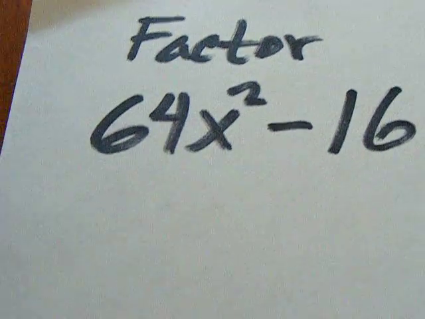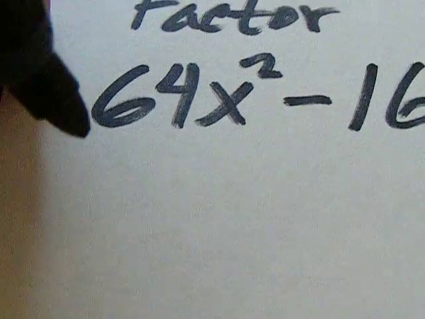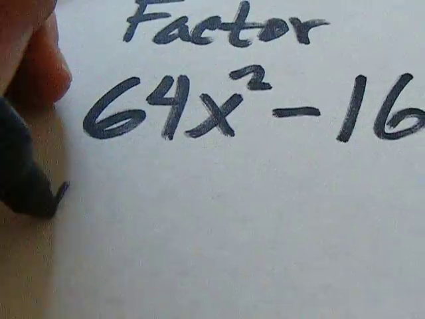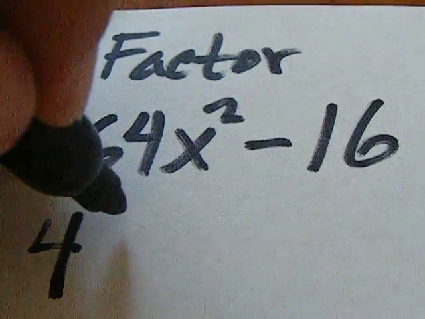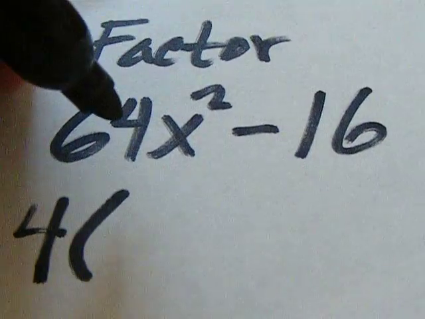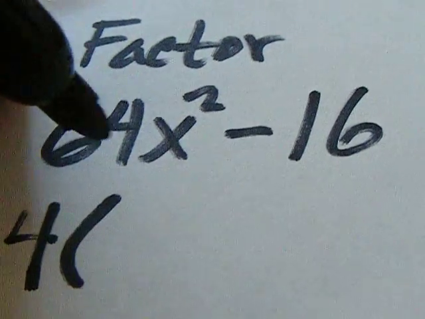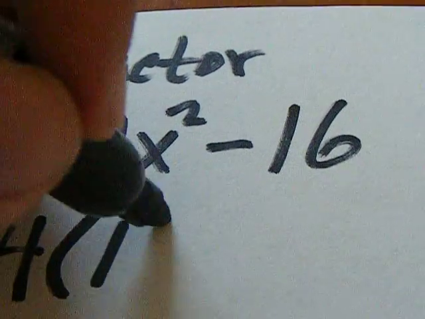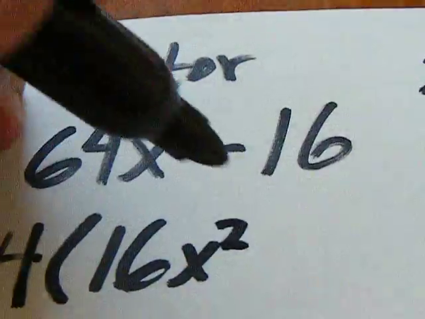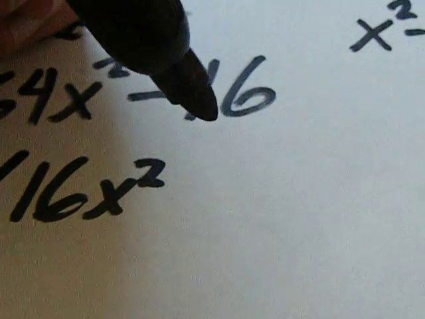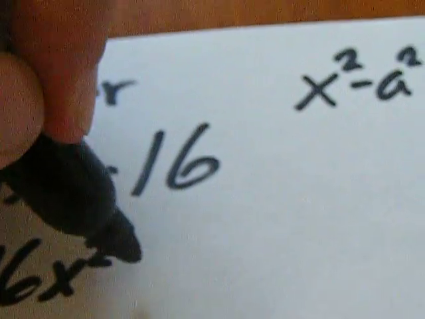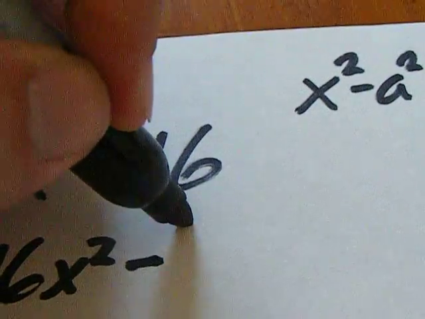So I will factor out 4 and see where that gets me. 4 times this. If I divide 64 by 4, I get 16x squared. And if I divide 16 by 4, this 16 here, I will get 4.